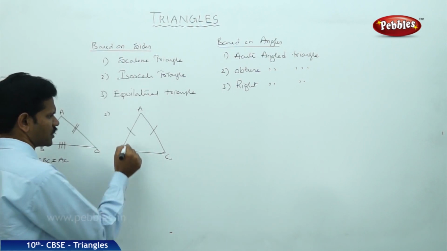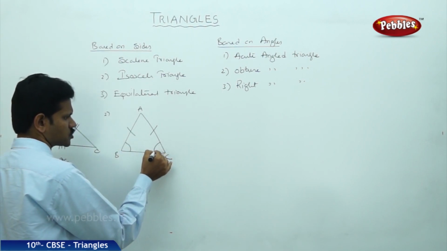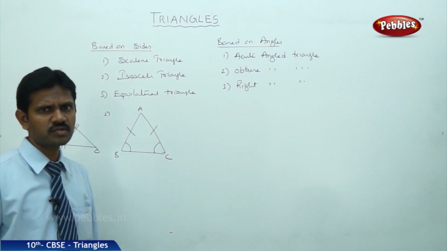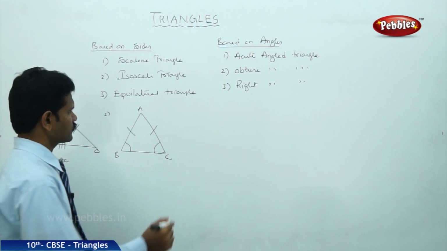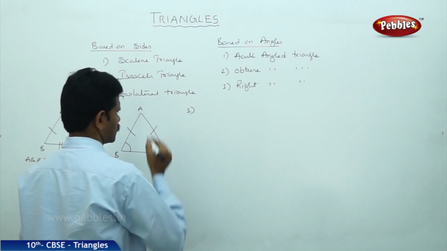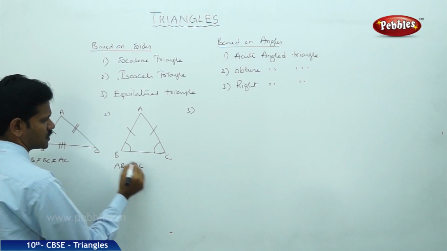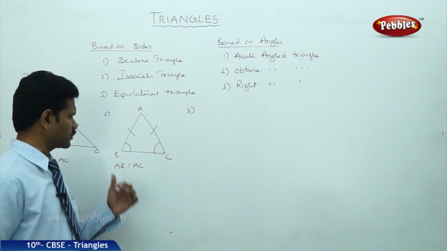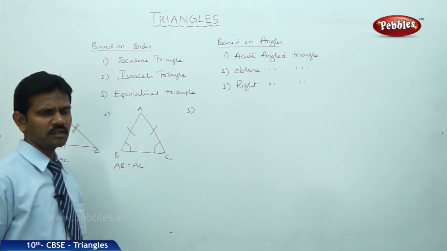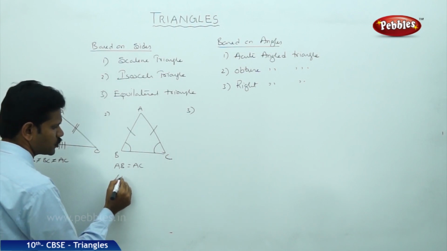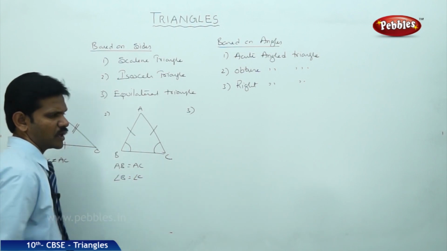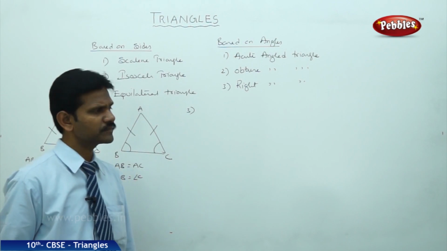In isosceles triangle, the angles opposite to equal sides are also equal. In this case, we conclude that AB is equal to AC, and from these two, the common part is the A. If you remove that one, the rest are the positions of the angles. Angle B is equal to angle C.